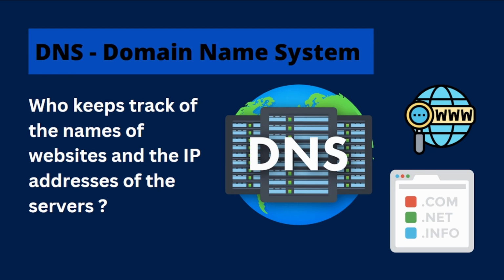Earlier we discussed how names can be assigned to IP addresses to make it easier for us humans to remember web addresses. Instead of typing the website IP address, we simply enter the web address and access the website. Now, what we need to be asking ourselves is, who keeps track of these names of websites and the IP addresses of these web servers?